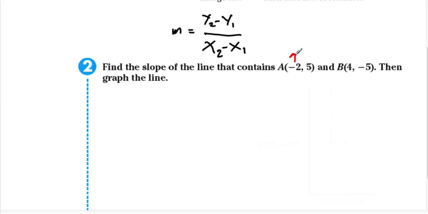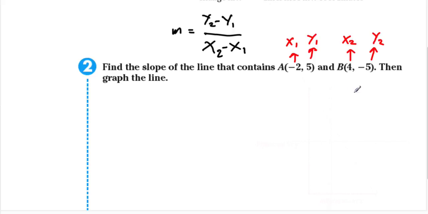Let's label negative 2 as x sub 1 and 5 as y sub 1. Label 4 as x sub 2 and negative 5 as y sub 2.